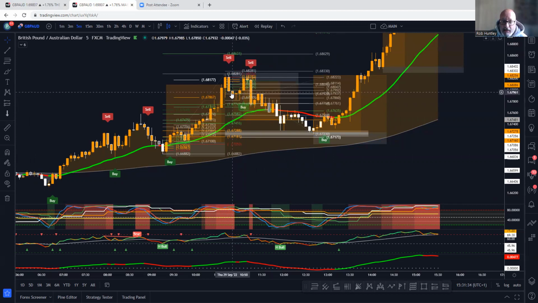So yeah, that level there wasn't bad, but actually it wasn't great either. So I got some drawdown and then it picked up and more.